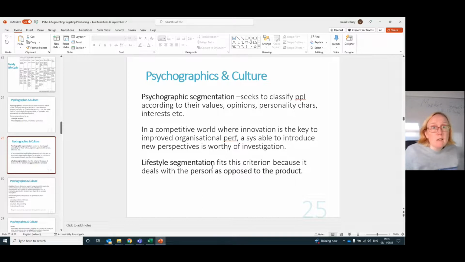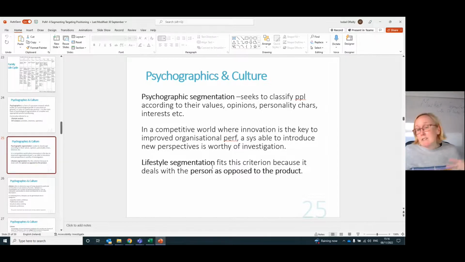In a competitive world where innovation is key, depending on what kind of products we are selling, for improved organizational performance, a system able to introduce new perspectives is worthy of investigation.